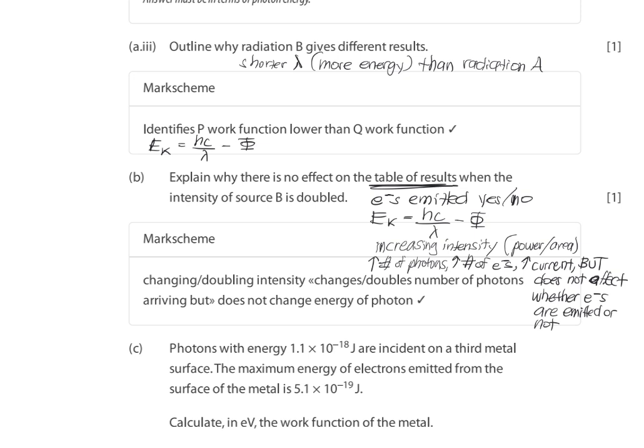Okay, so B. Why is there no effect on the table of results when the intensity is doubled? Increasing the intensity increases the number of photons, but it doesn't change the energy of the photon. So if you're already emitting photoelectrons at a certain frequency and certain voltage, then you increase the intensity, you're going to get more photoelectrons being emitted, because you're hitting it with more photons.